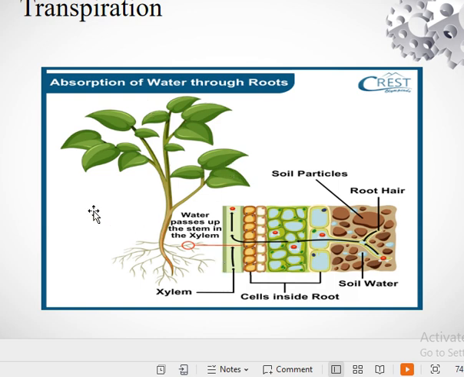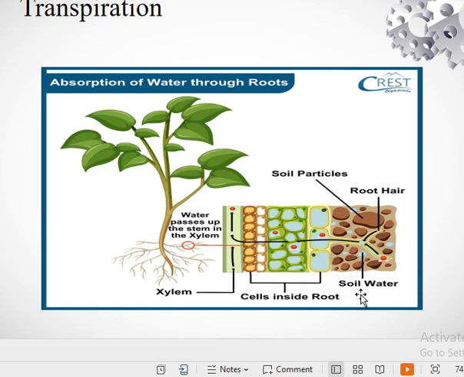By this diagram, we discuss the water uptake by the roots. In this diagram, root hairs are present. Here are the root hair, soil water and soil particles.